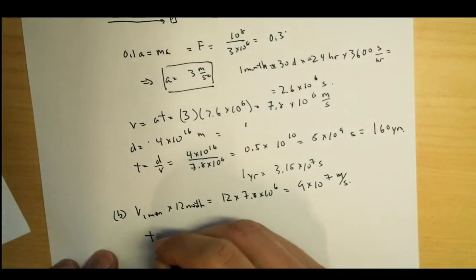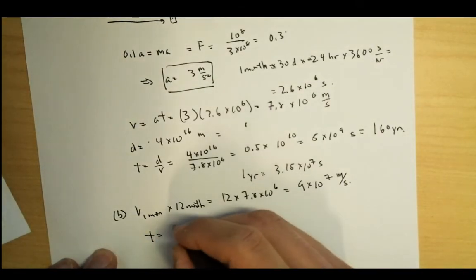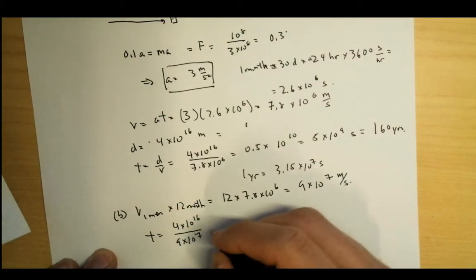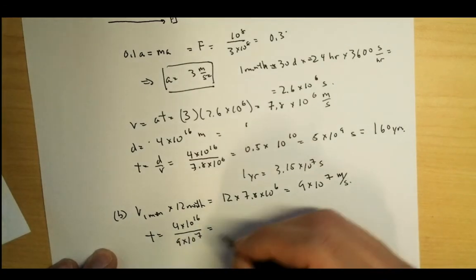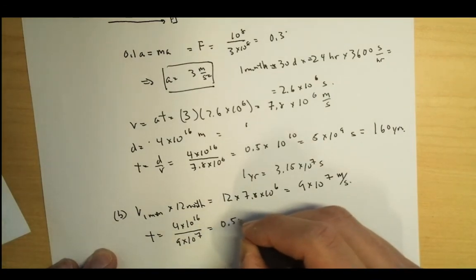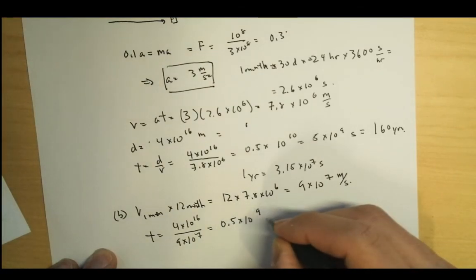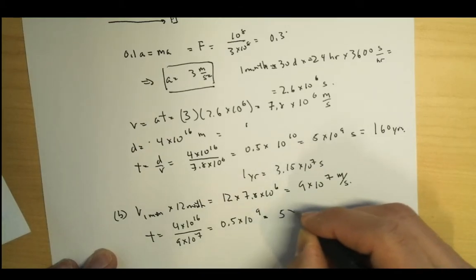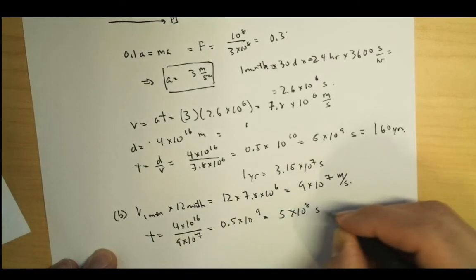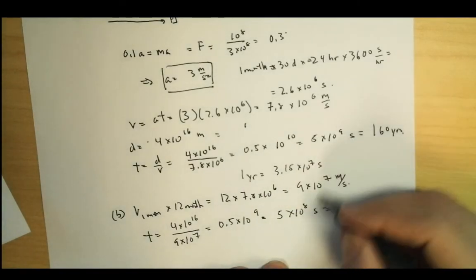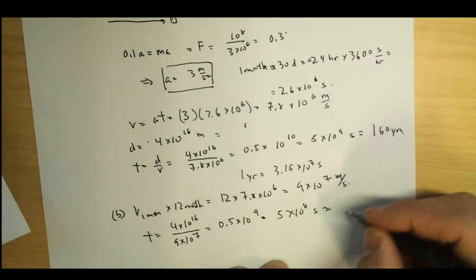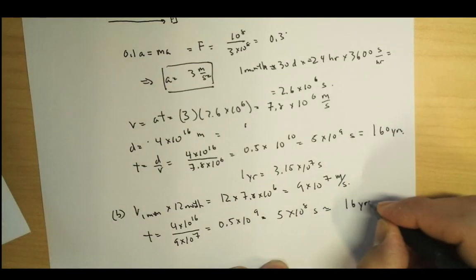Now the time, again, is 4 times 10 to the 16 over 9 times 10 to the 7, which is roughly 0.5 times 10 to the 9, so about 5 times 10 to the 8 seconds. That's about a tenth of the previous time, which is about right. It can be a little smaller because I made an approximation. So about 16 years here.